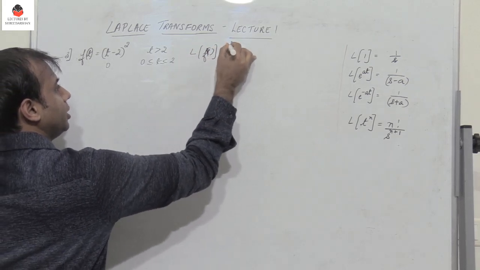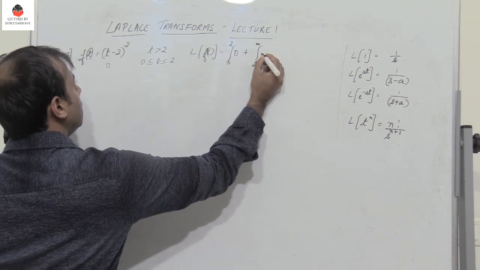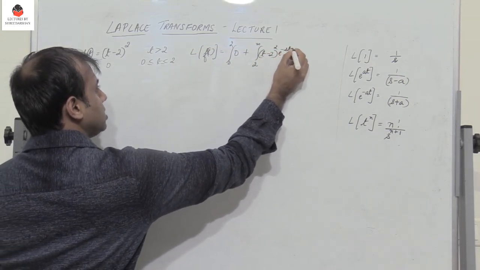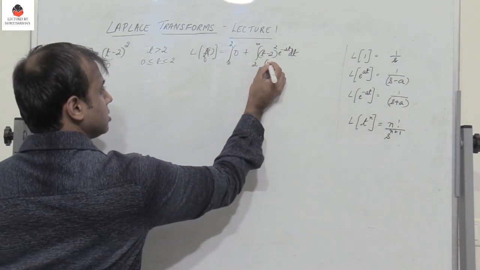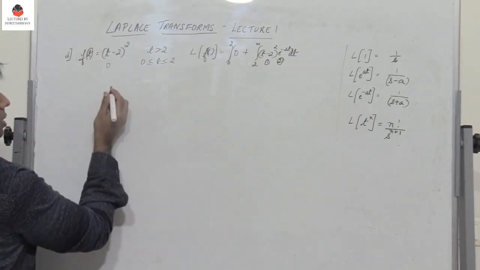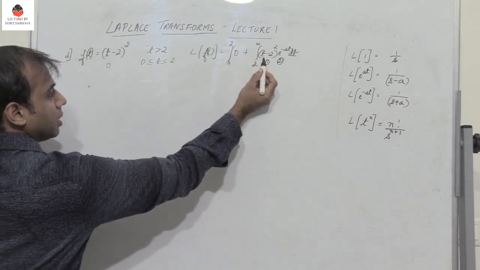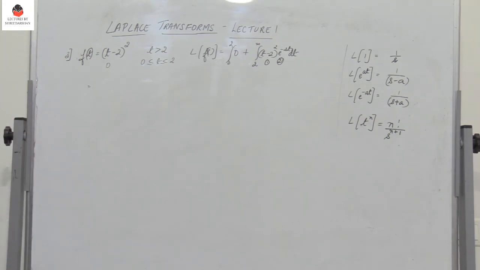So 0 to 2 it is 0, plus 2 to infinity it is (t minus 2) the whole square e power minus st dt. So I have to integrate this. You consider this the first function, this the second function. So how do you integrate? So 2 to infinity, you have two terms, (t minus 2) whole square into e power minus st dt.